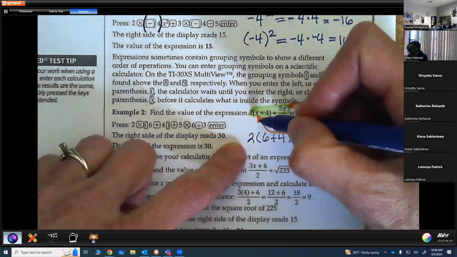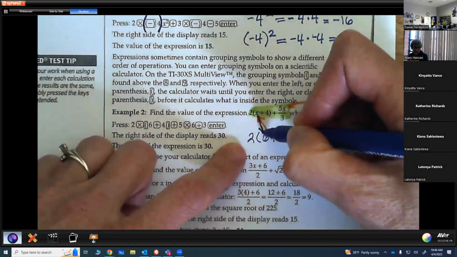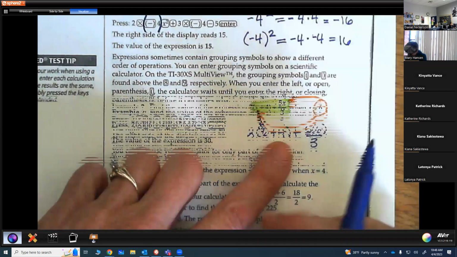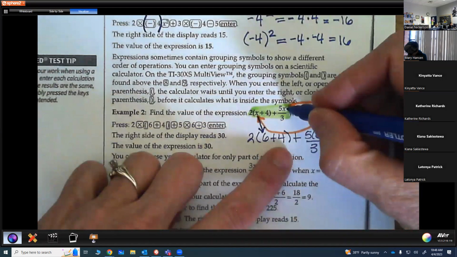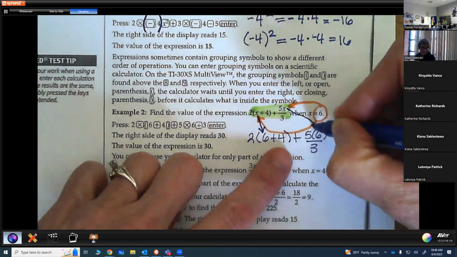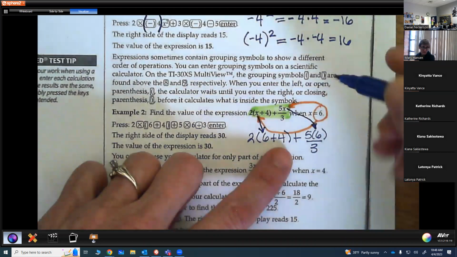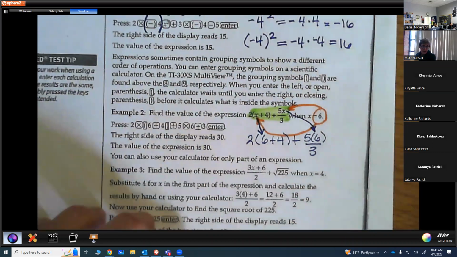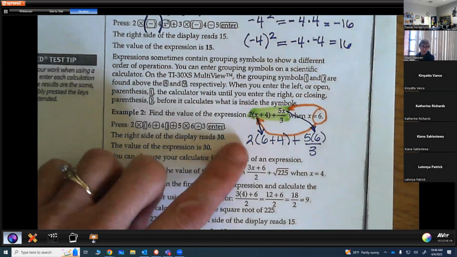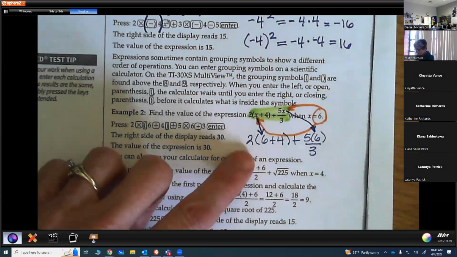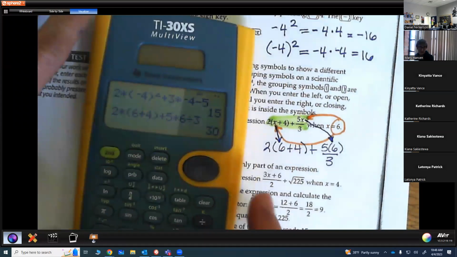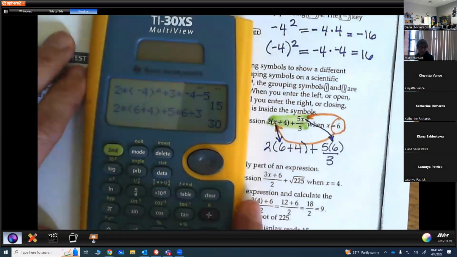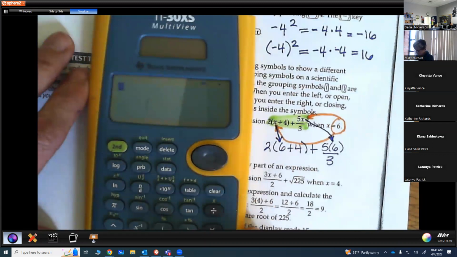So what I did is I replaced this x with 6, and I replaced this x with 6. If you write it out like this, it'll probably be easier to see how you want to put it in the calculator.